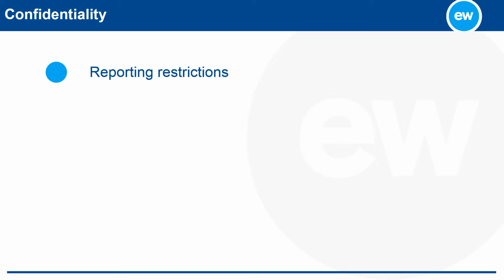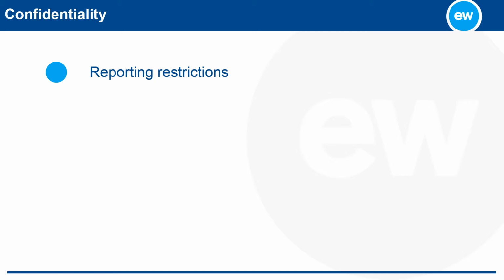We're now going to consider the issue of confidentiality. It's important that you make parents and carers aware of the requirement to maintain confidentiality about any allegations made against teachers or other staff whilst investigations are ongoing.